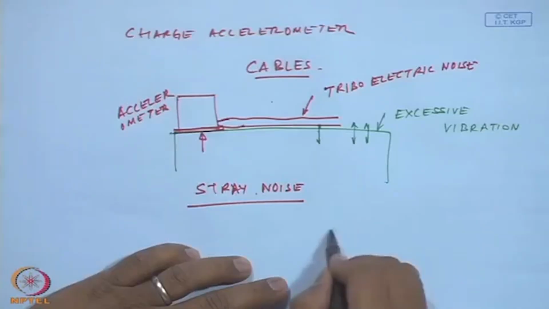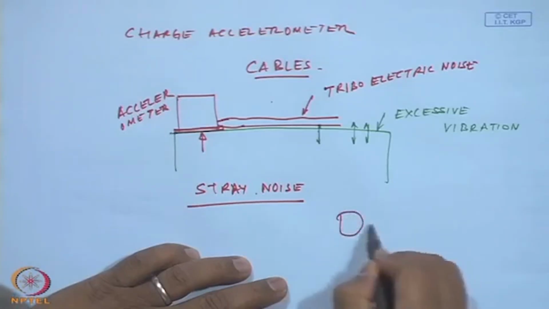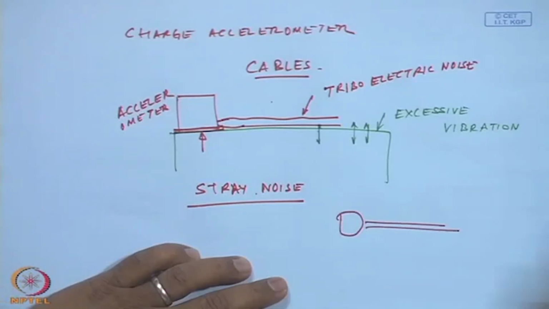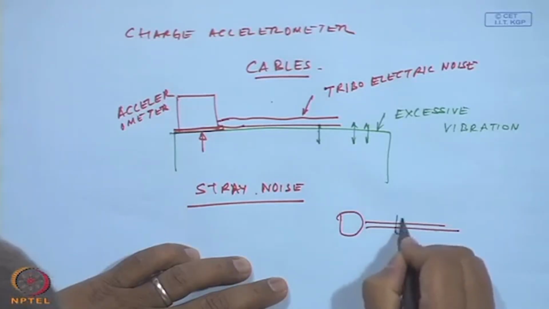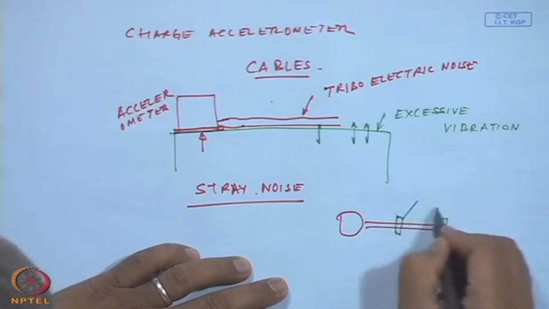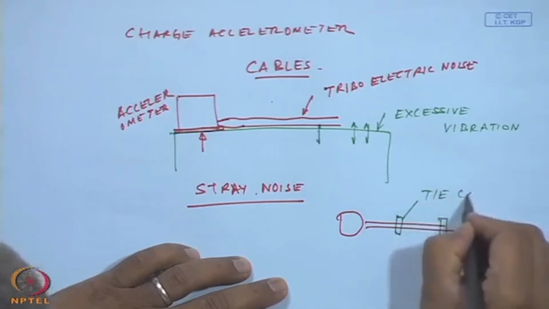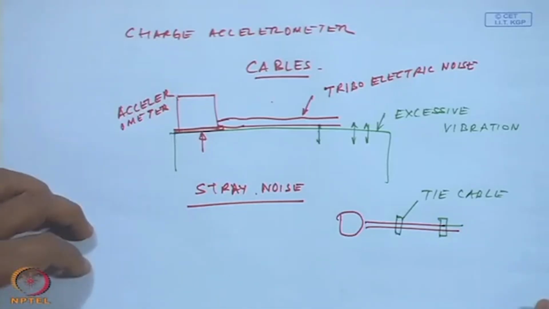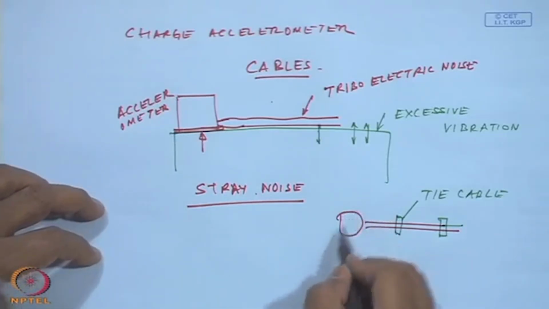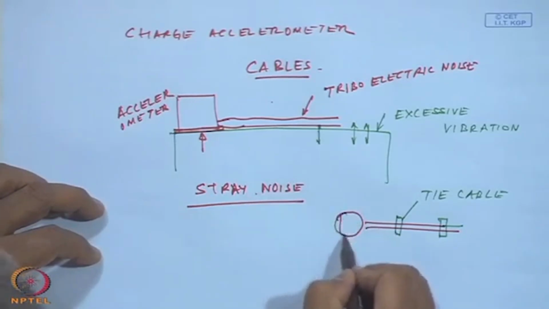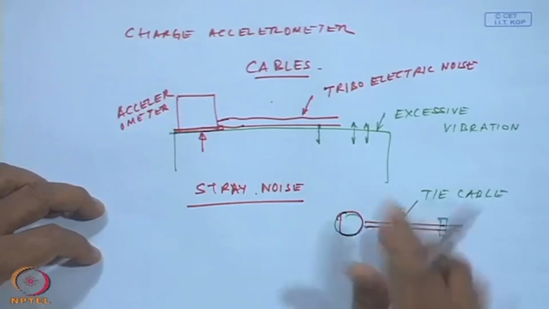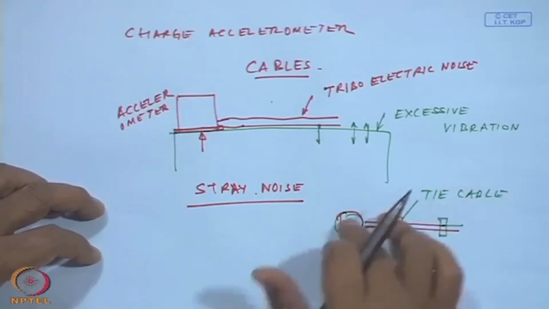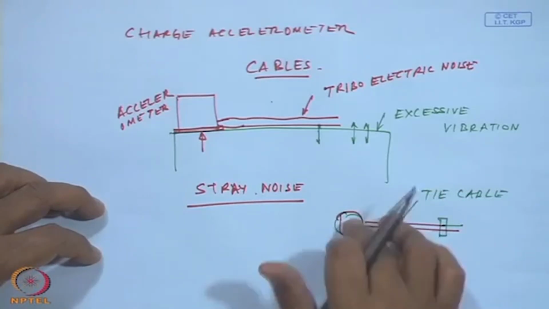So, what you have to do is, if you put this accelerometer here, usually you tie the cable with some sort of a tape so that the cable does not move. Because if this is a charge type of accelerometer, a lot of charges are going to get generated if the cables are going to move, and they are going to interfere with the measurement charges.